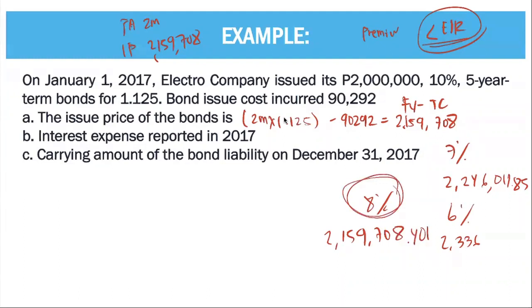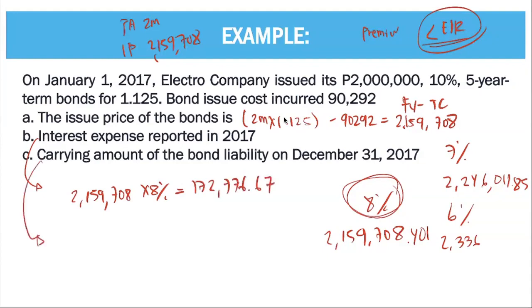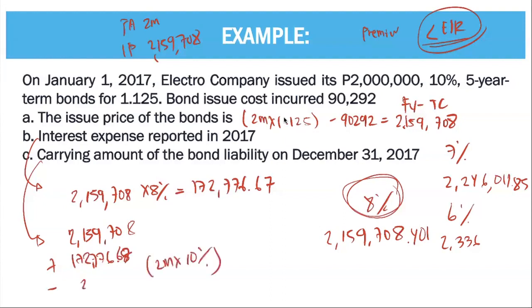So if that is 8%, our interest expense therefore is equal to 2,159,708 times 8%. We have 172,776.67. Carrying amount: you just need to amortize it for 1 year. So we have 2,159,708, and then you add the interest 172,776.67, less the interest payment, 2 million times 10%, so 200,000.